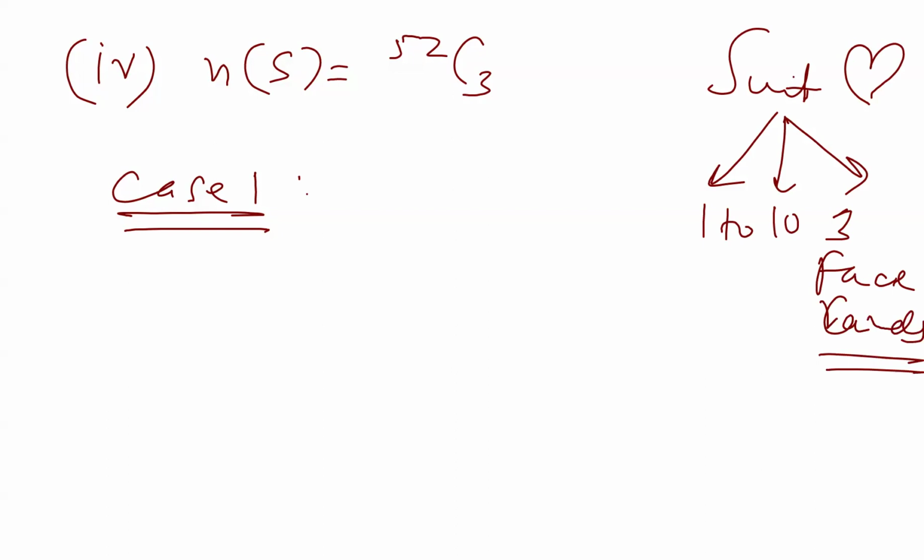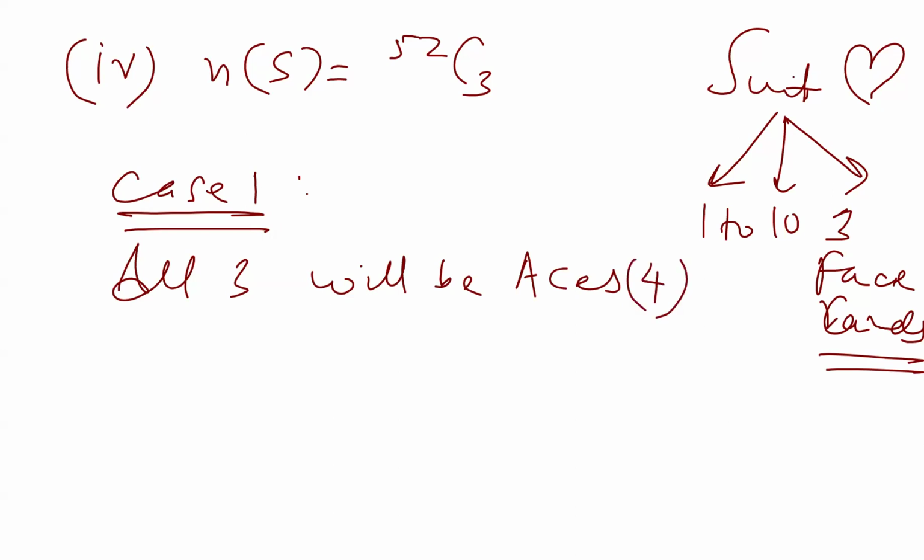So case 1, all 3 will be aces. Don't get confused over here. They have the same number indicates that the 3 cards will be of the same category from each suit. So all 3 will be aces. There are 4 aces, so out of 4 aces, any 3 can be pulled out in 4C3 ways, right?